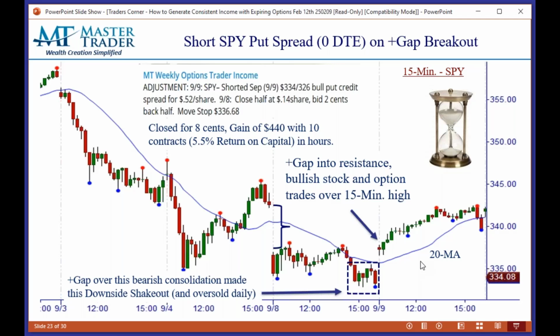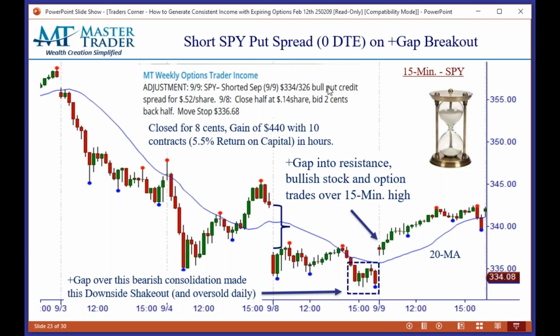I'm telling the folks in the green room and our Telegram customers, if this takes out a 15-minute high, which is over the high of this 15-minute bar, selling out of the money put spread. We're going to do the 334. How did I get 326? That's weird. How did I get an $8 wide on this one? I'll tell you why.